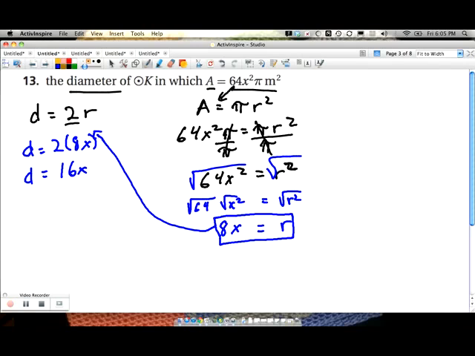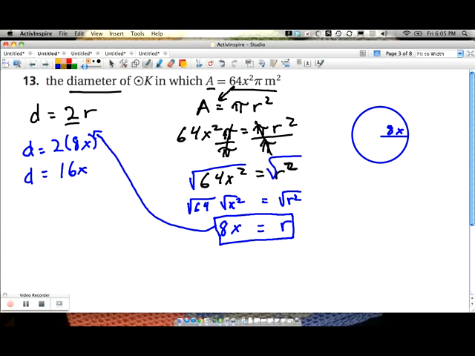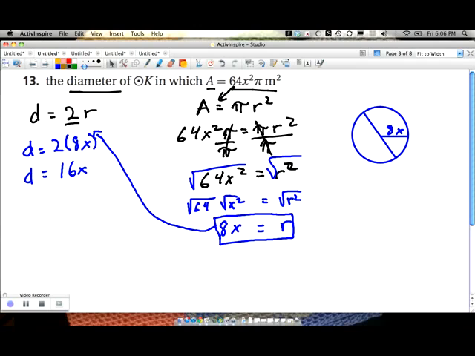If you want a visual just to see where these pieces were coming from, we knew that the radius was equal to 8x. So then if we were trying to find the diameter, the full length across, that was right here.